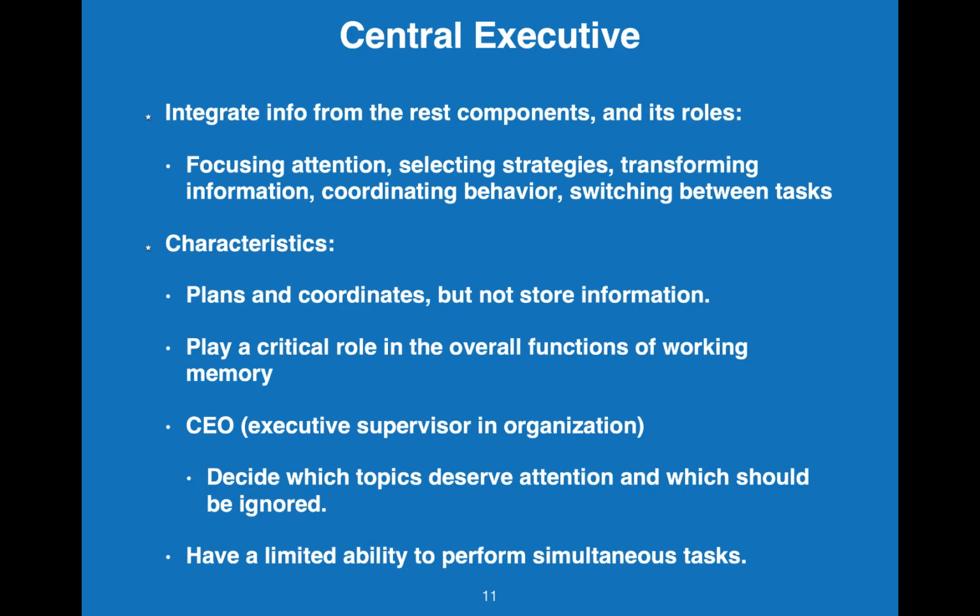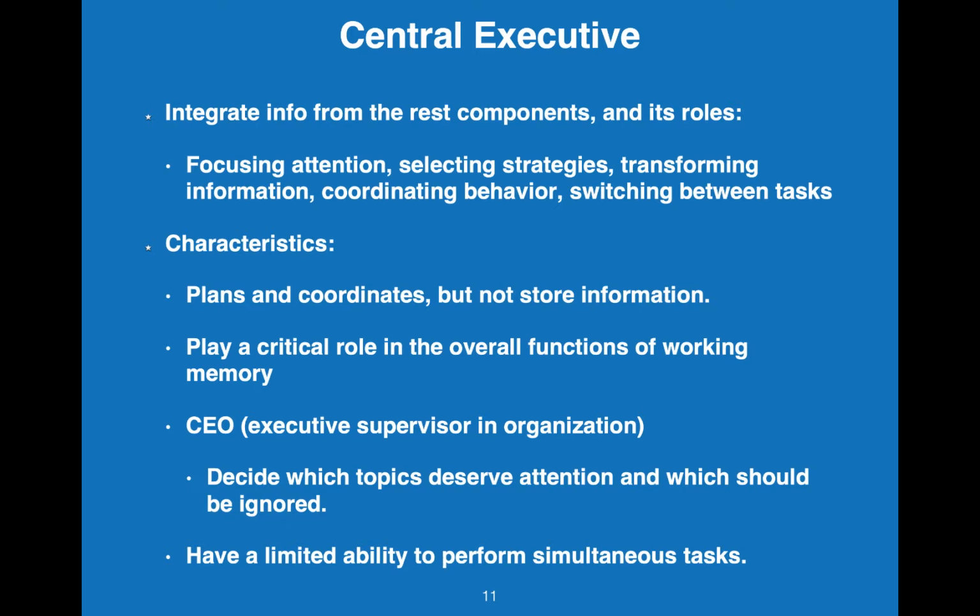It plays a critical role in the overall function of working memory. It's like a CEO, Chief Executive Officer, or an executive supervisor in an organization. Therefore, the central executive decides which topics deserve attention and which should be ignored.